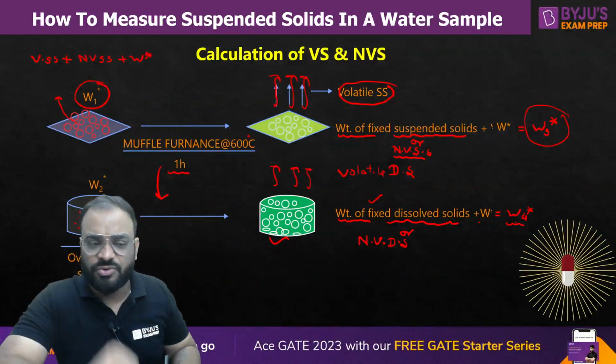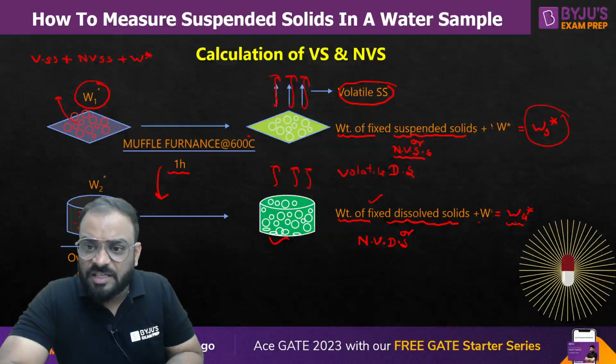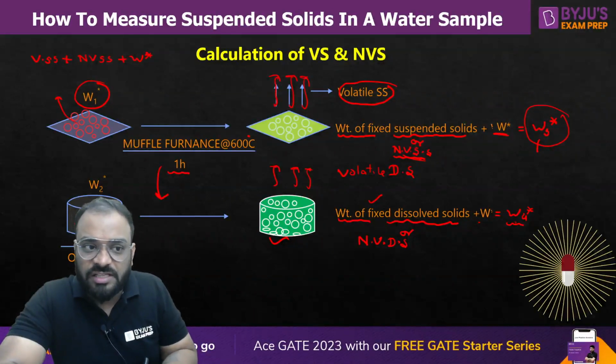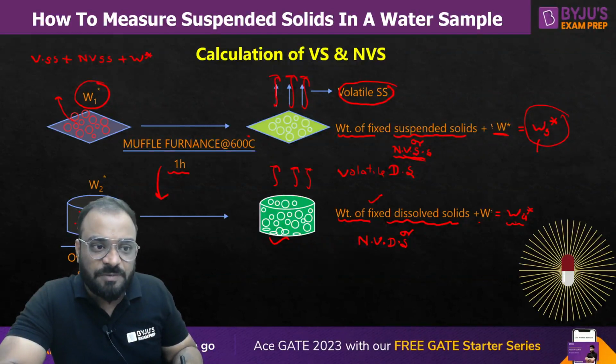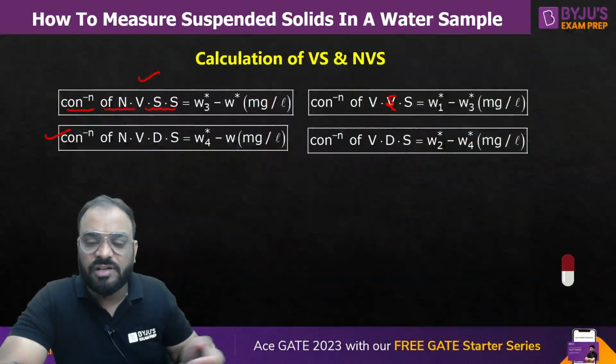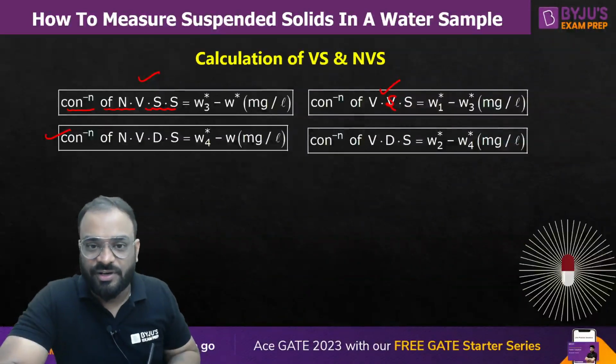So let us suppose W star. If you subtract this particular value, W3 star, which will contain two things, the weight of the filter and the non-volatile suspended solid, from W1 star, what you will get is the concentration of volatile suspended solid.